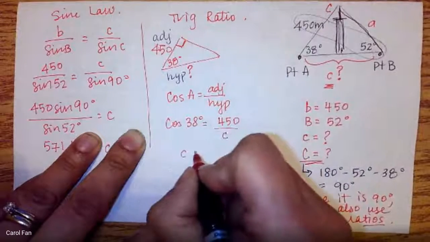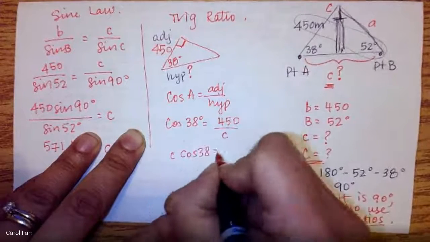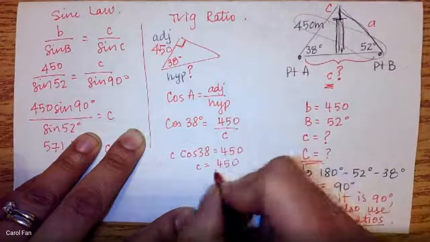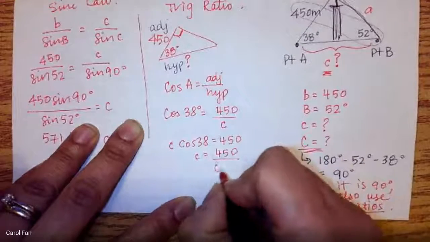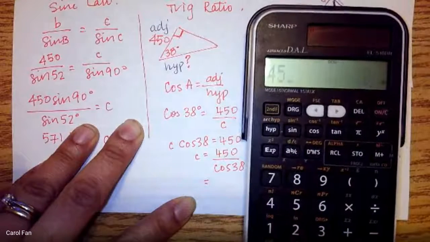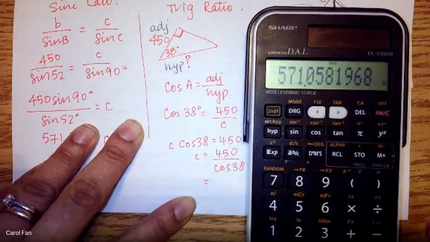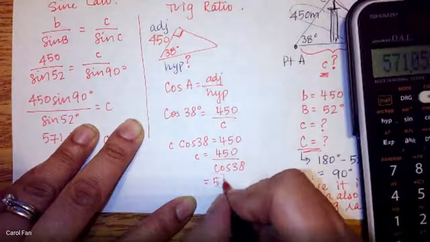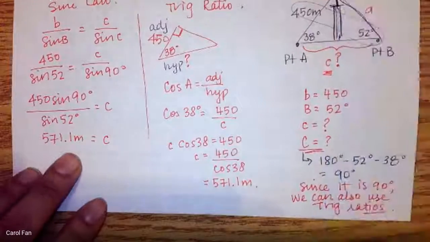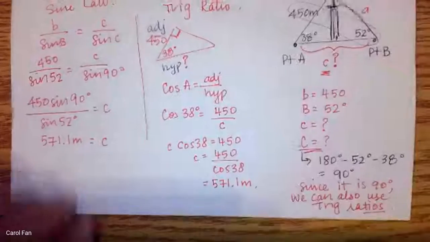Let's cross multiply. So I have C times cosine 38 is equal to 450. C is equal to 450 over cosine 38. Let's throw this into our calculators. 450 divided by cosine 38, we have again 571.1. So our two answers are the same, and we came to it using two different methods.